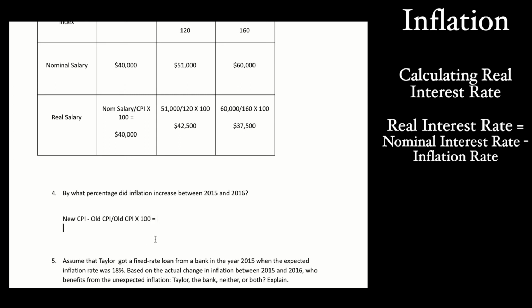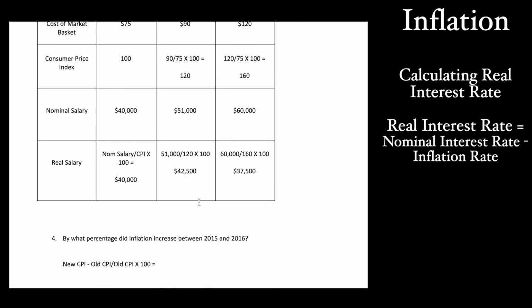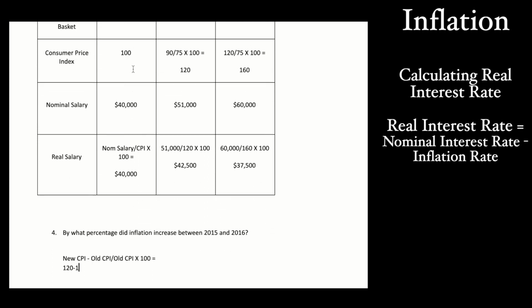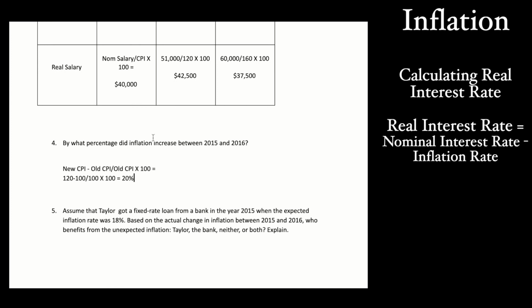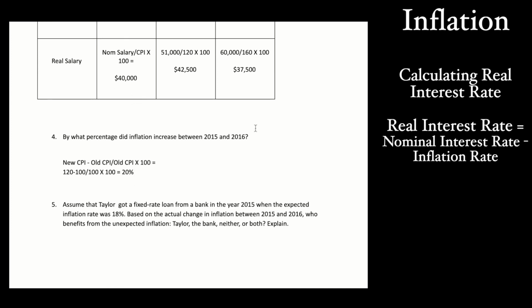Our new CPI is the newest year, so that's 2016's, 120, minus our old, 2015's, 100, divided by our old, times 100. So 120 minus 100 is 20, divided by 100 is 0.2, times 100 is 20%. So prices increased by 20% between 2015 and 2016.